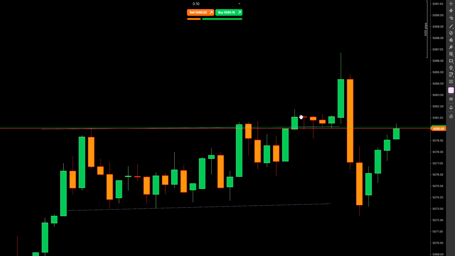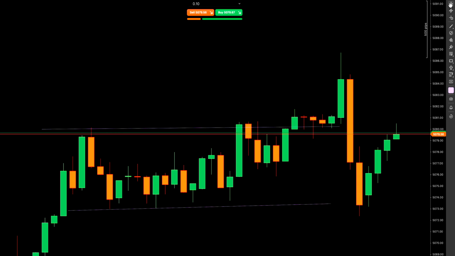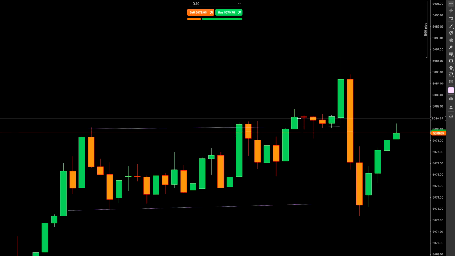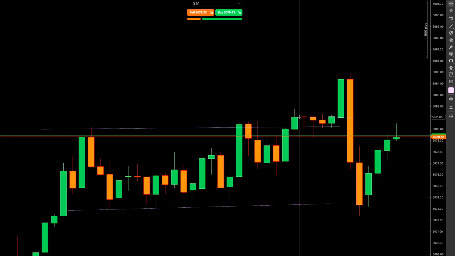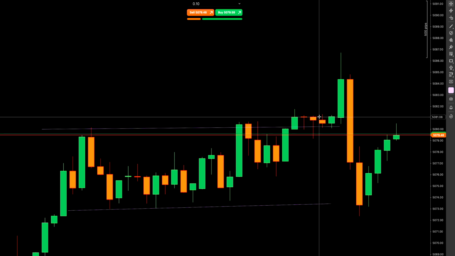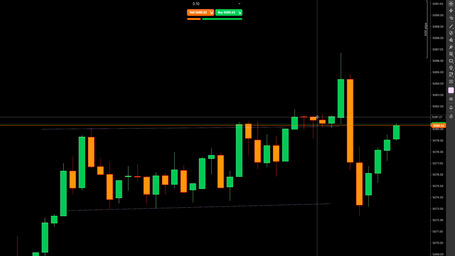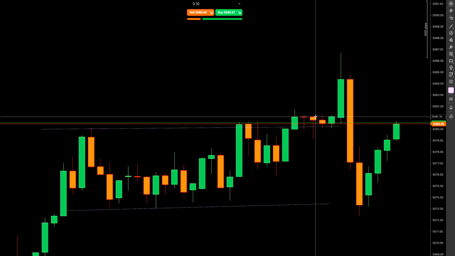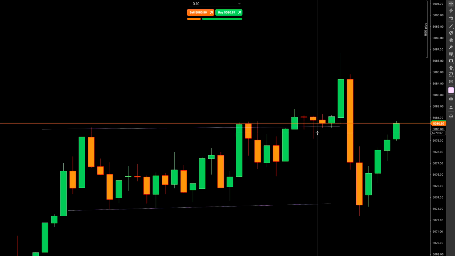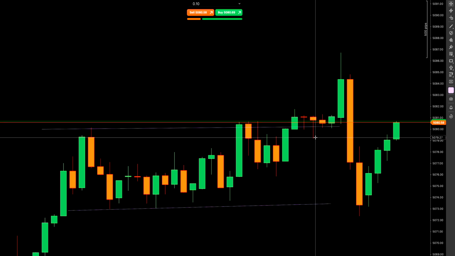And then if you look at it right here, you see there's a decline in the size of those candles. This candle opens up, same thing, just a little wick, comes down, and then bullish pressure pushes it all the way up.